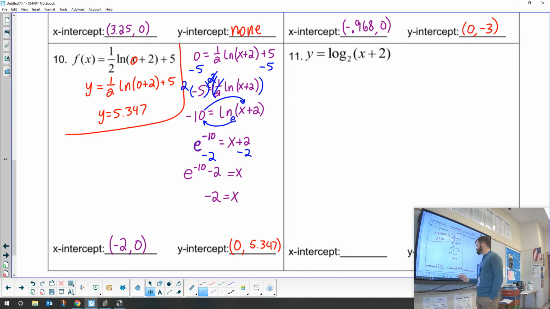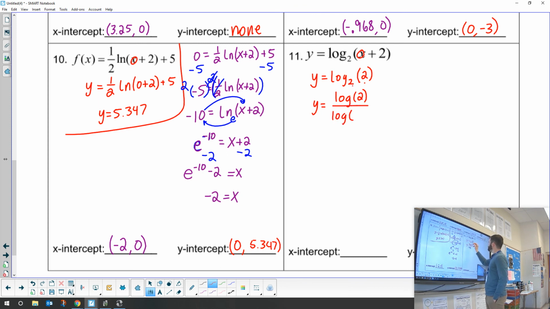Okay? All right, our last one here, number 11. So first step, let's find our y-intercept. To find our y-intercept, remember we make x be 0. So we're going to have log base 2 of 2. We can rewrite this in that change of base formula. We can go y equals log of my value 2 over log of my base, which also happens to be 2. We can plug that into my calculator.